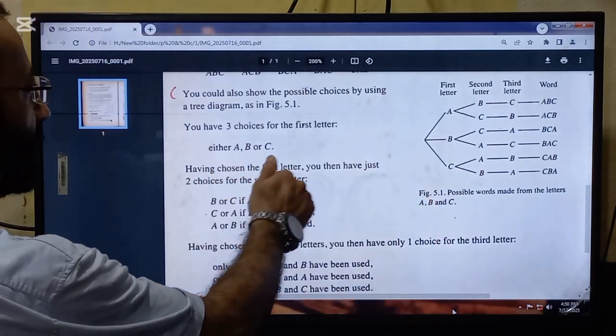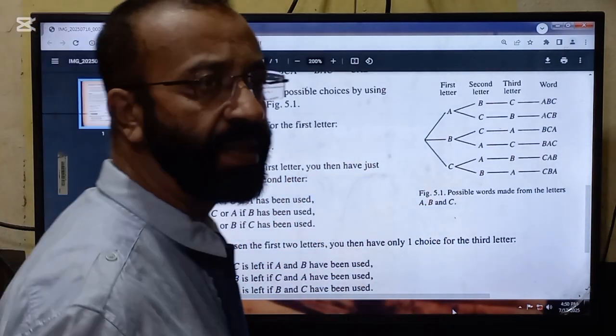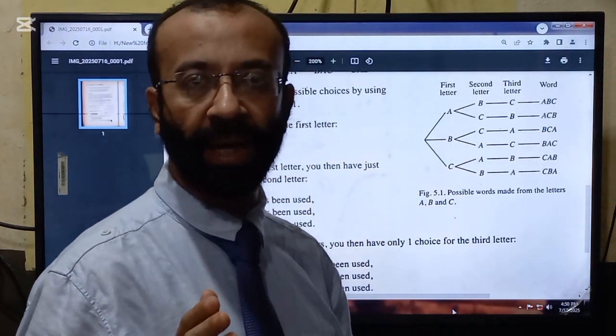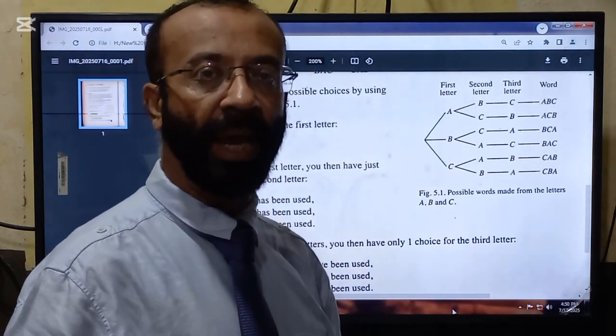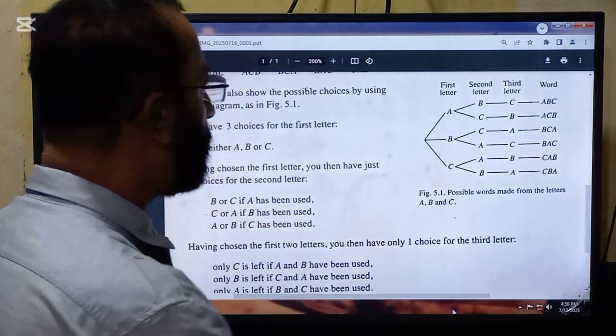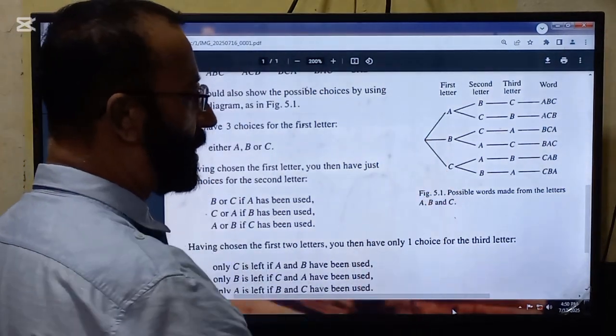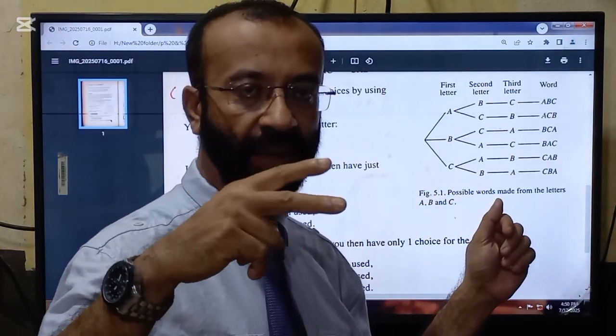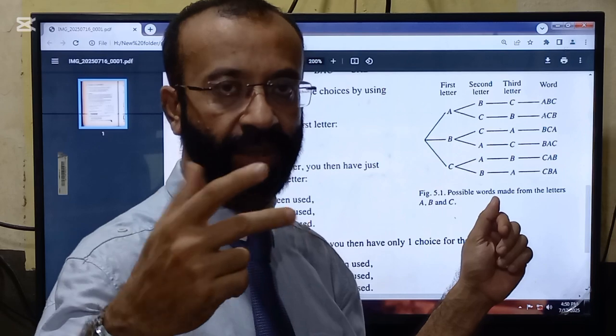Now you have three choices for the first letter because there are three letters A, B, and C written on cards, and you are required to form three-letter words. So for the first letter there are three choices, and when the first choice is done, there will be two letters left.